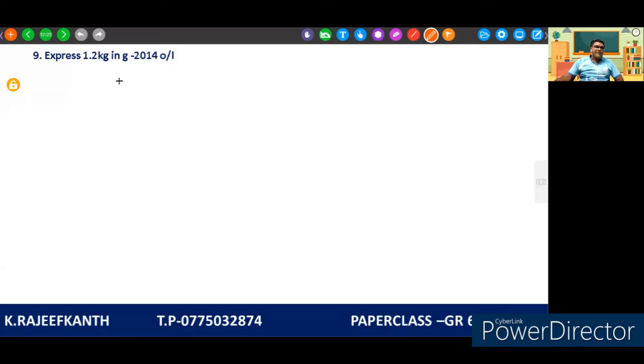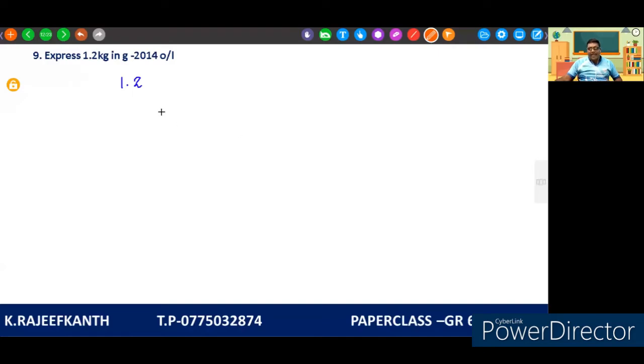If you want to convert 5 kilogram into gram, we multiply 1000 by 5 and get 5000 gram. If you want 8 kilogram in gram, we multiply 8 by 1000, then we get 8000 gram.